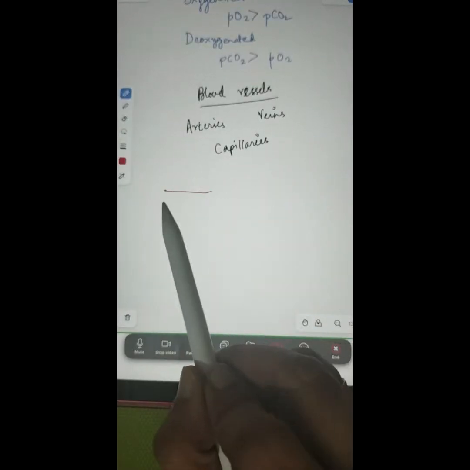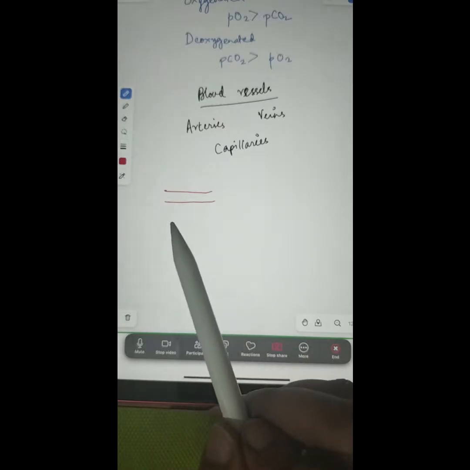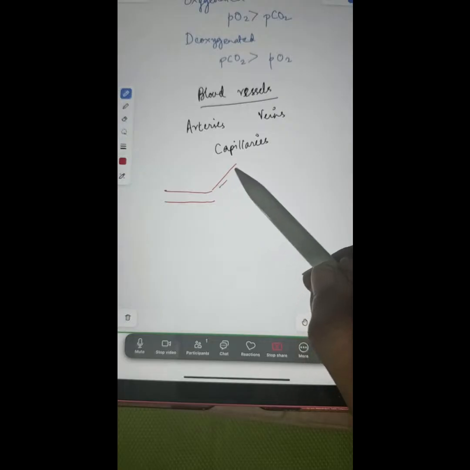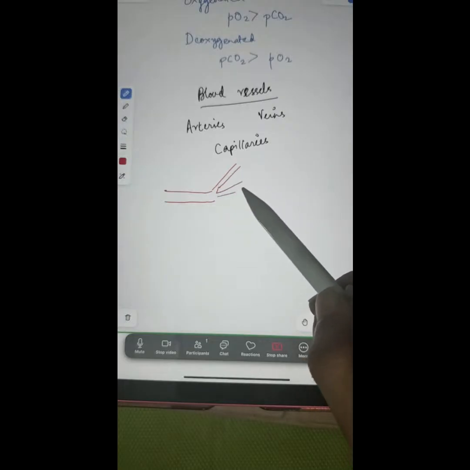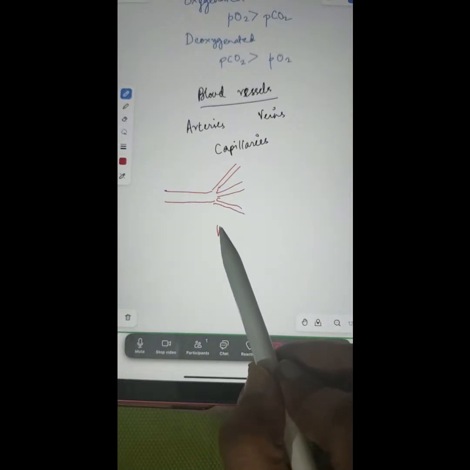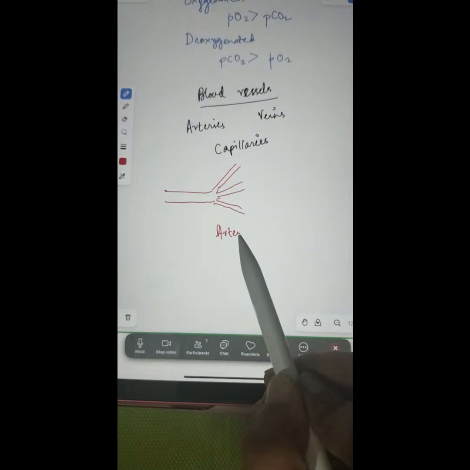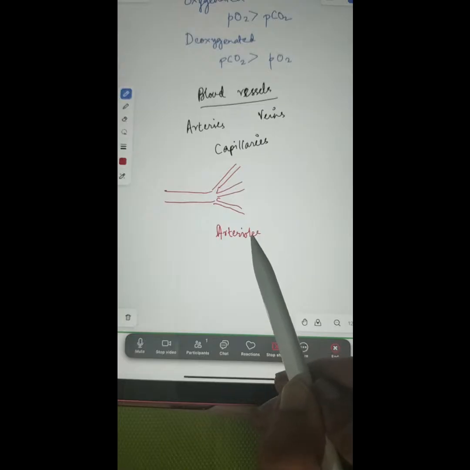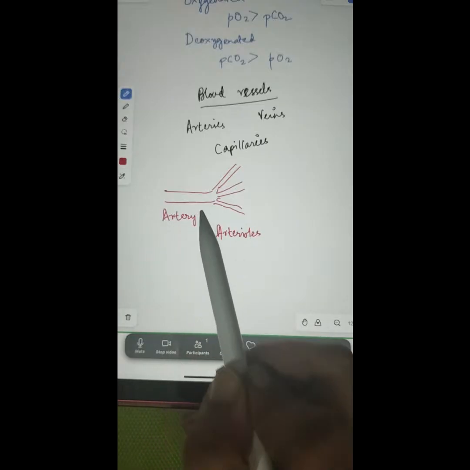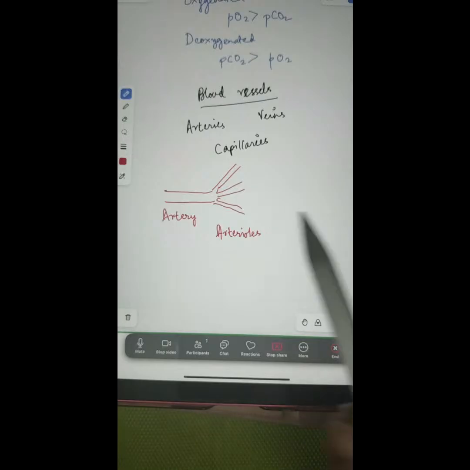So see, here I have made an artery. In certain reference books, you may find this diagram: arteries may branch further to form the arterioles, and this broader structure is the artery.